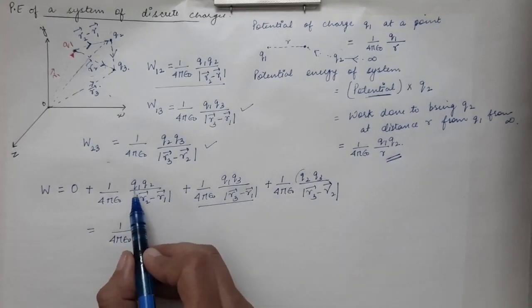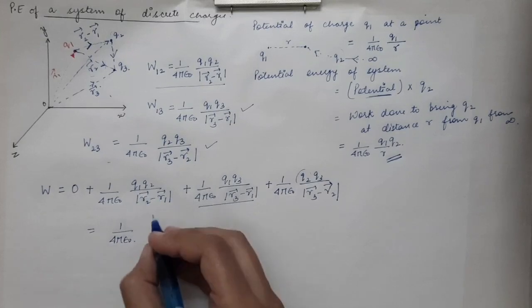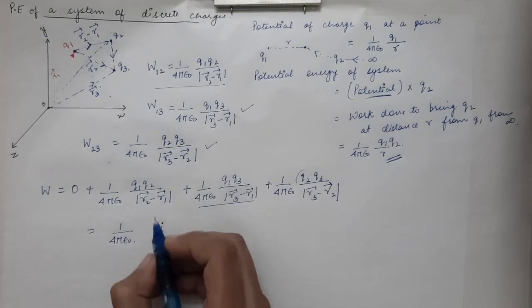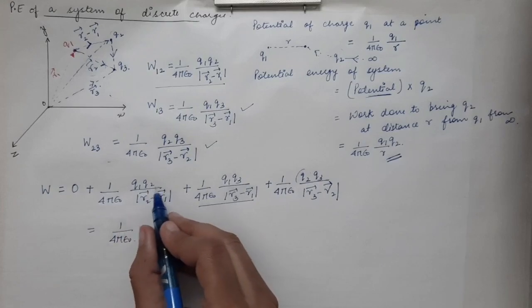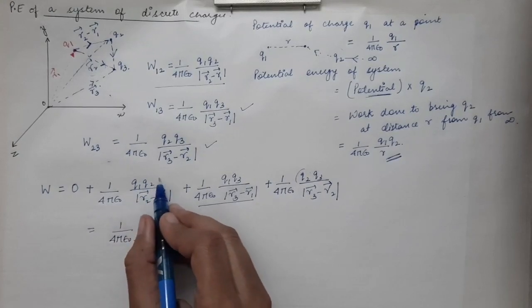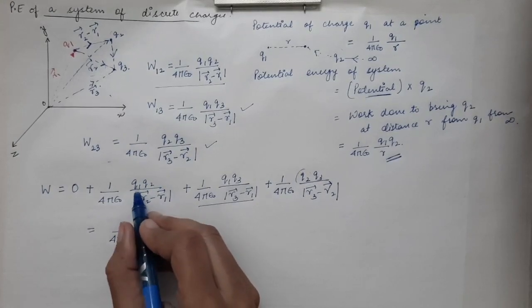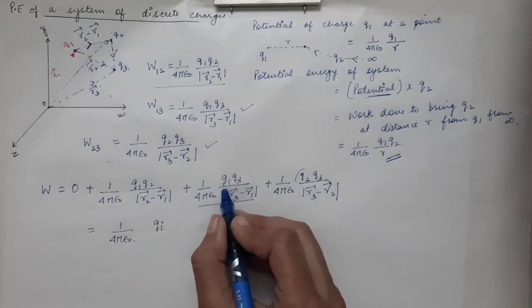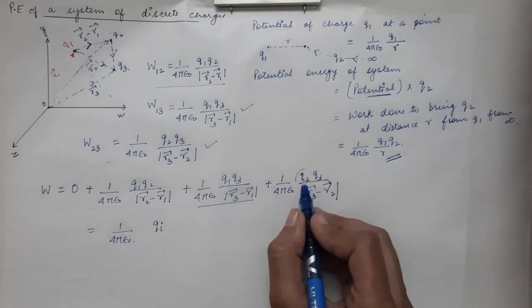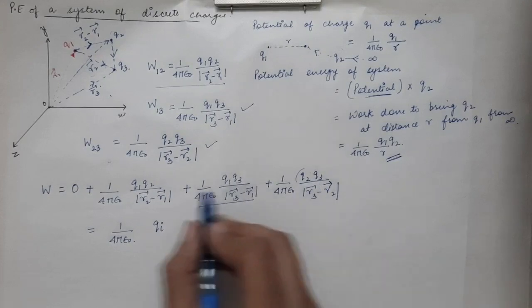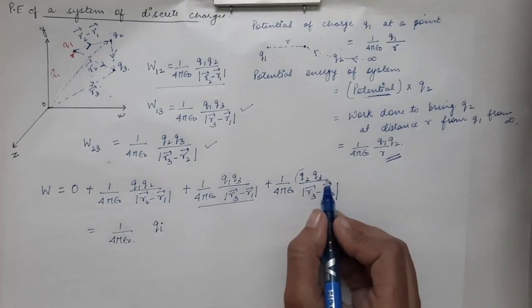And you can see over here that if I write Q1 as Qi, because the numerator is changing. In the first term I had Q1, Q2, then I have Q1, Q3, and then I have Q2 into Q3. So the numerator is changing.